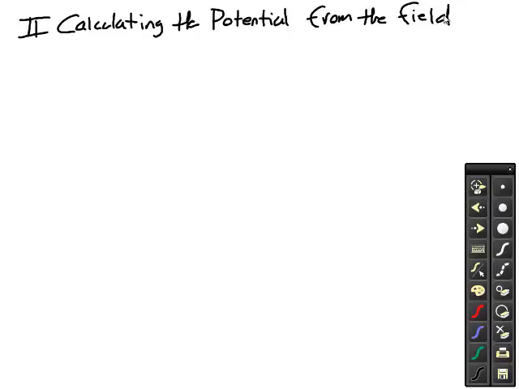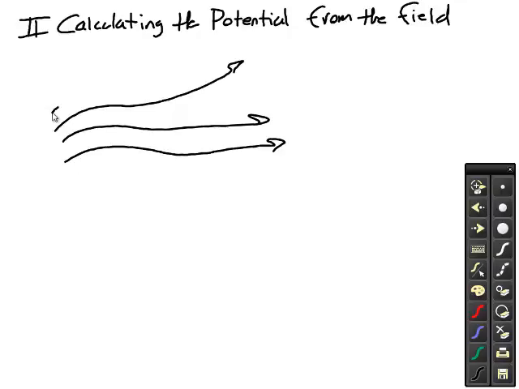Unfortunately, it's not always the case. So what we're going to do is derive this for the general case where the field is non-uniform. Imagine we've got some crazy janky field doing some interesting stuff, and I'm going to take a charge, Ralph, and move him in that field.